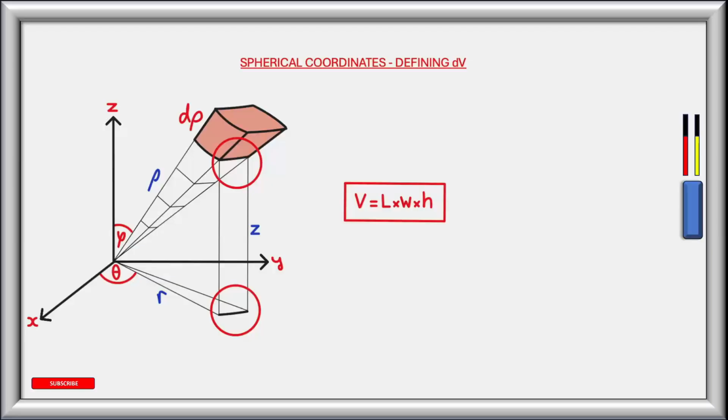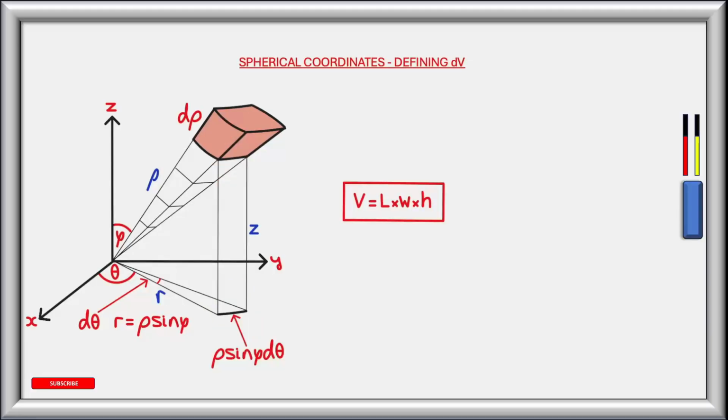We also saw that r translated to ρ sine phi when using spherical coordinates. The width dimension is therefore the arc length of a circle, which we know is the radius of the circle, in this case ρ sine phi, multiplied by the central angle, which is infinitesimally small, and in this case is dθ.